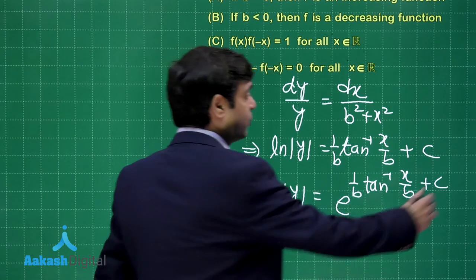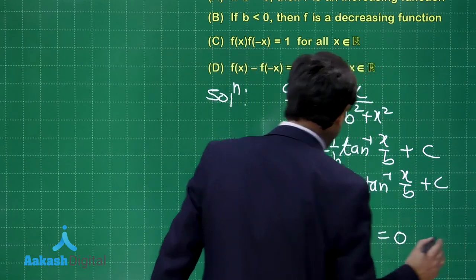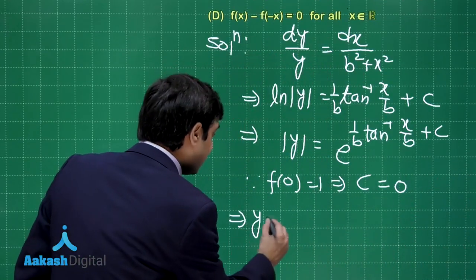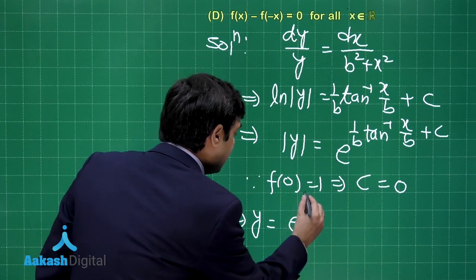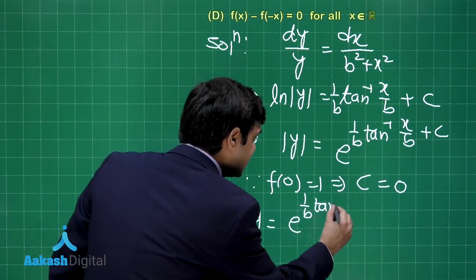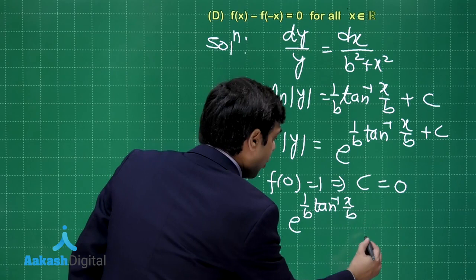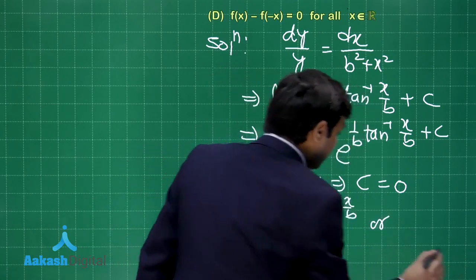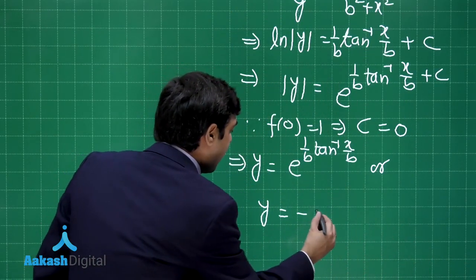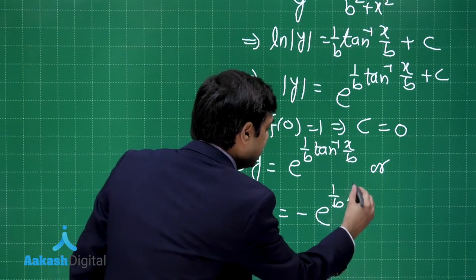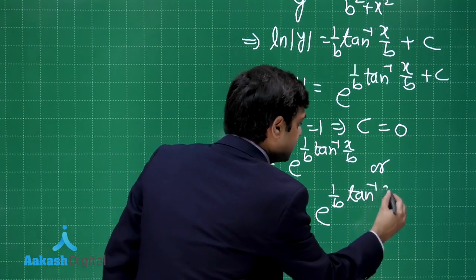That means c is 0. Now your function is ready. That is y is equal to e to the power 1 by b tan inverse x by b, or y equals minus e to the power 1 by b tan inverse x by b.